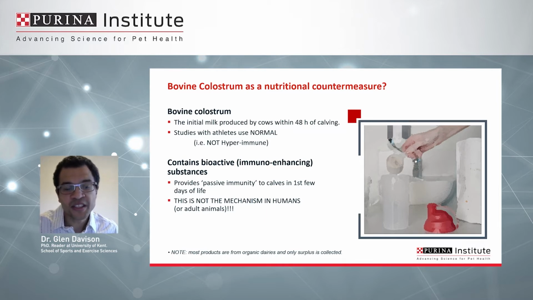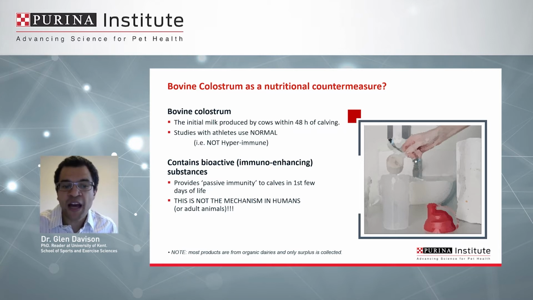So obviously, if you are talking about a baby animal, a neonate, then of course colostrum is vitally important in the first few days of life. It does contain large immune factors, antibodies, immunoglobulins, and so on, and is responsible for the passive transfer of immunity to the neonate.